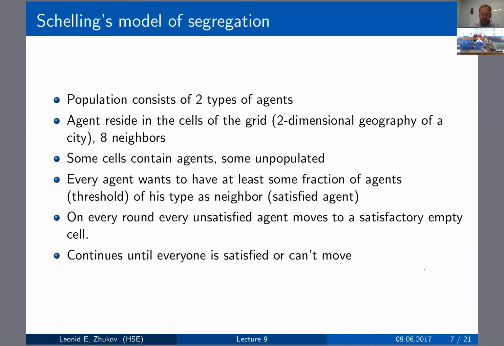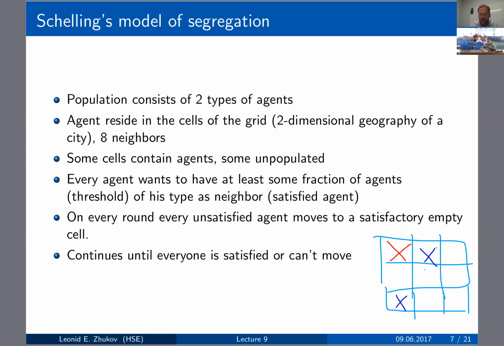But the idea is the following. Imagine that we have some sort of a grid, and the people can live in different cells of this grid. And you can have two types of agents. I'll have a red agent, and let's say, a blue agent.